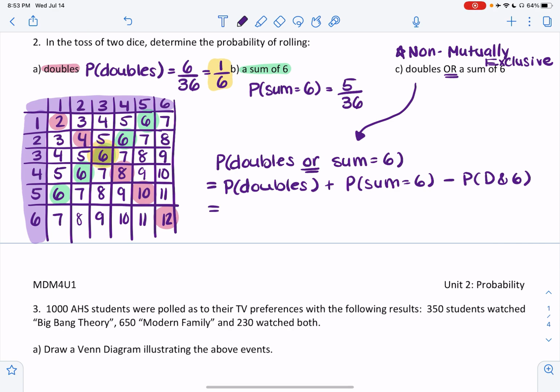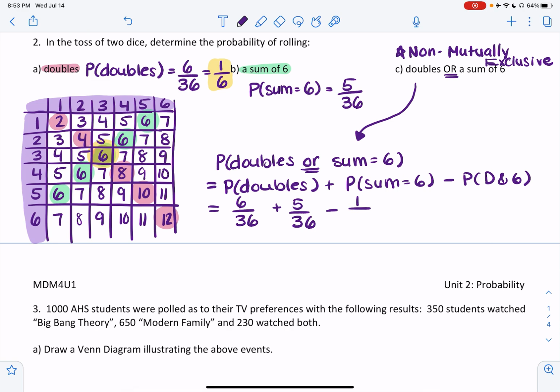So our probability of doubles was 6 over 36. Again, I'm going to keep the 36 in there just so that I don't have to worry about common denominators. Plus 5 out of 36 minus the probability of 2 of them happening. Now to determine that, I look at how many ways they're both simultaneously happening.